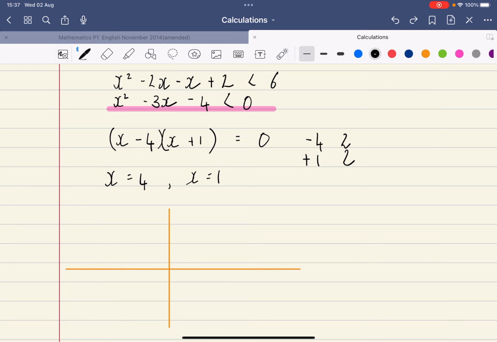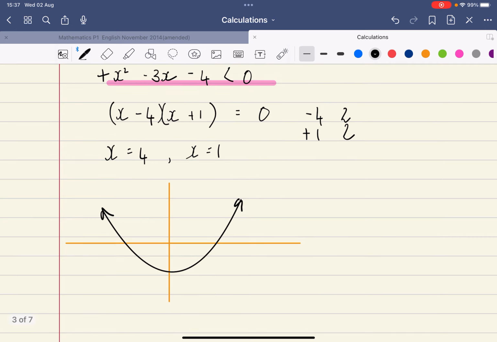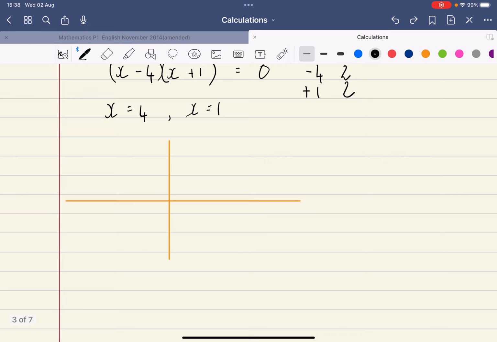Well, remember, we can tell that by the sign of the coefficient for the x². And we have a plus, so therefore, our graph will be happy. If it was minus, it would be sad. So let's just draw that rough. And our roots are 4 and 1. So our graph actually doesn't go to the negative x region. So it will look something like this.